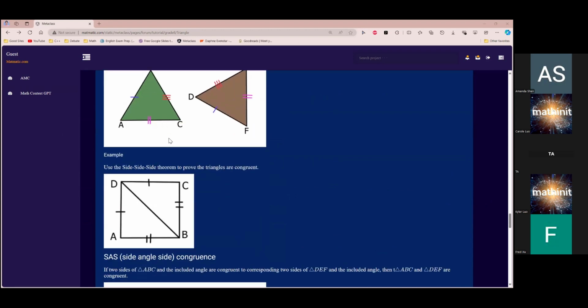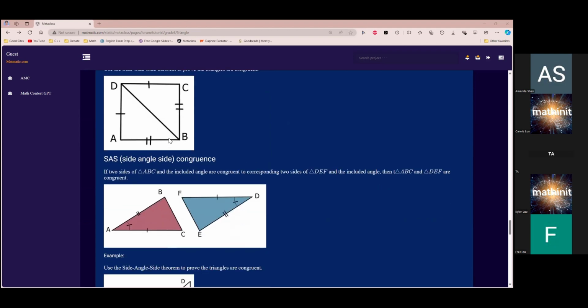For example, in this example, you're given that DC is the same as DA and AB is the same as CB, and they share the same side, which is EB. Since those have to be equal, then triangle DAB is congruent to triangle DCB.